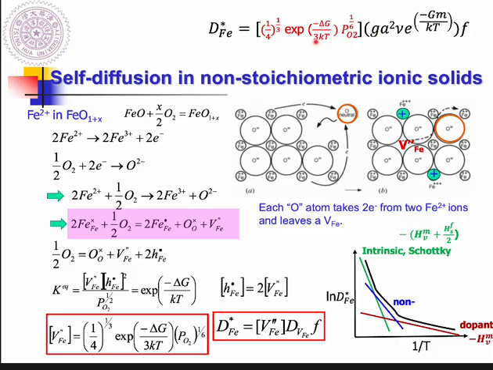And for the slope with temperature, I have this term plus this term. This demonstrates that there's a non-stoichiometry effect in ionic solid materials.